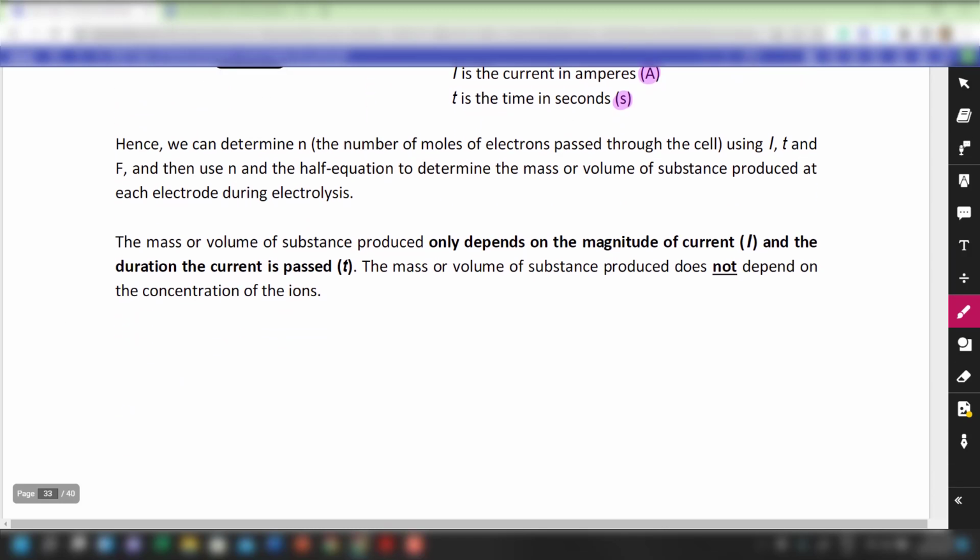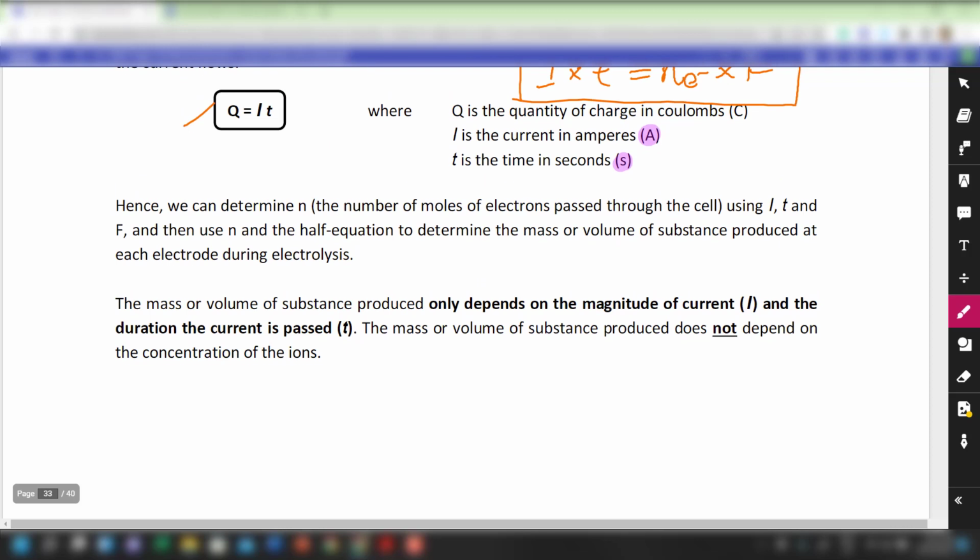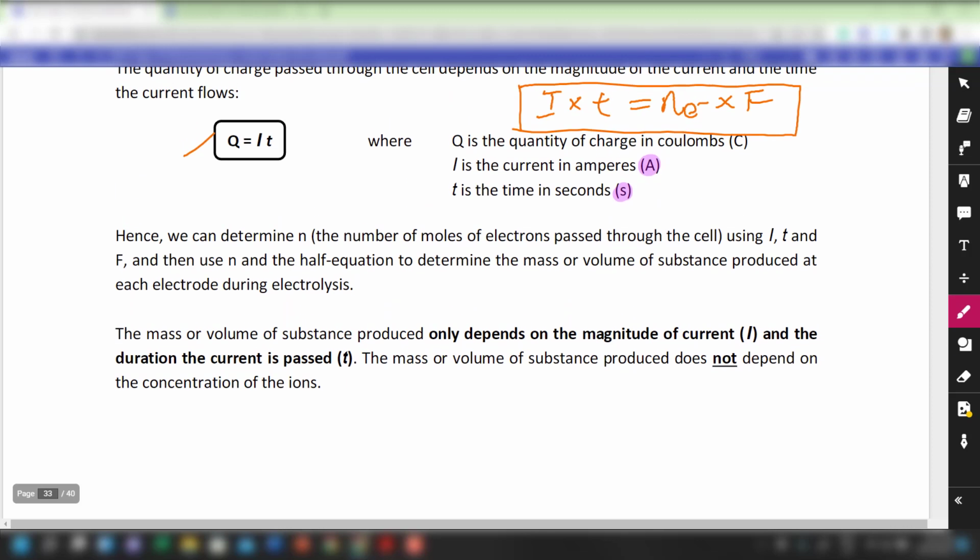And then of course the last paragraph is pretty important. You will notice that the amount of substance produced is only dependent on the magnitude of the current and the duration of the current being passed. It does not depend on the concentration of the ions in the system.